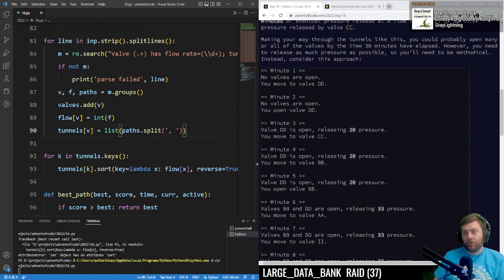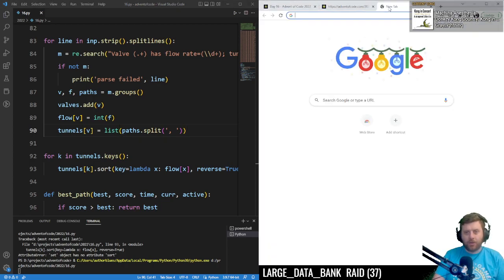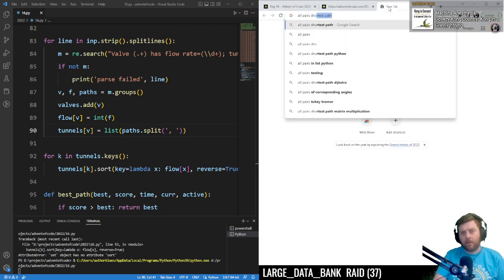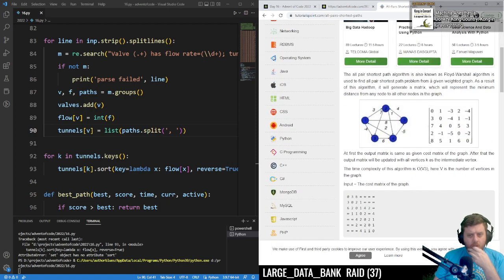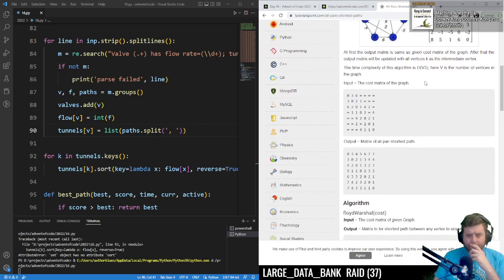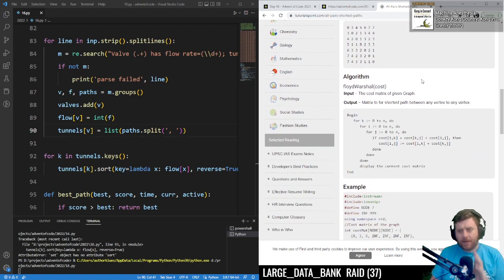I really don't want to do an all pairs shortest path algorithm. I haven't coded... I don't even remember how to do an all pairs shortest path. Oh my god, it's been Floyd Warshall. Holy shit, this brings me back.